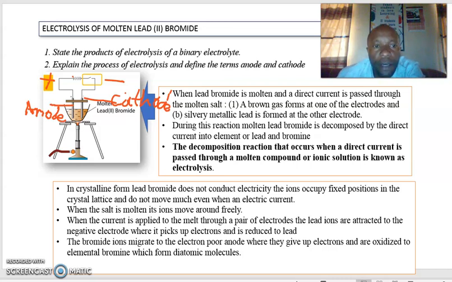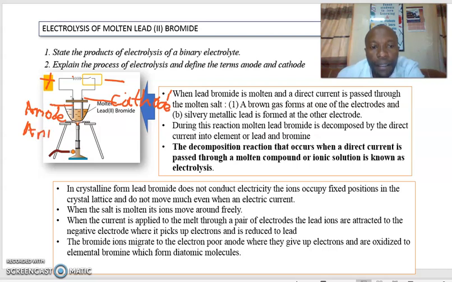To know the products, we need to think about the ions. The anion, being the negatively charged ion, moves to the positive electrode. So we can link A and A: anions move to the anode.